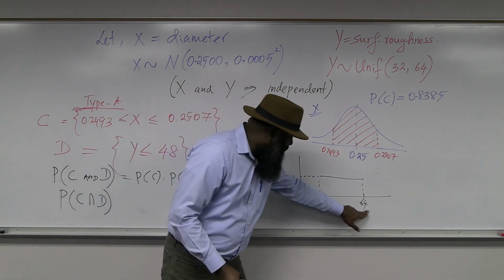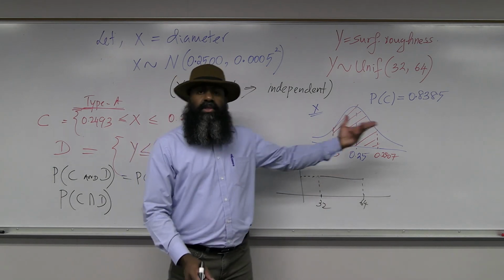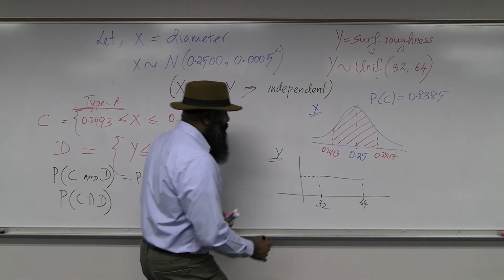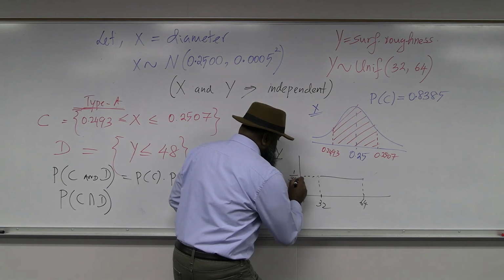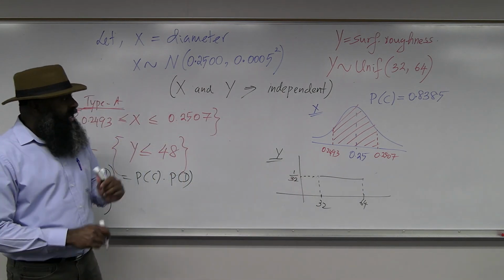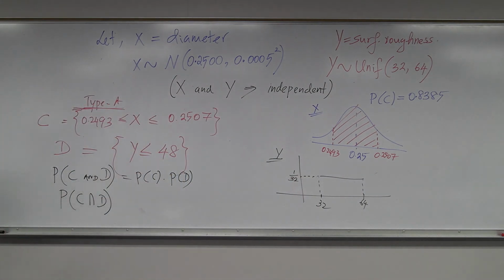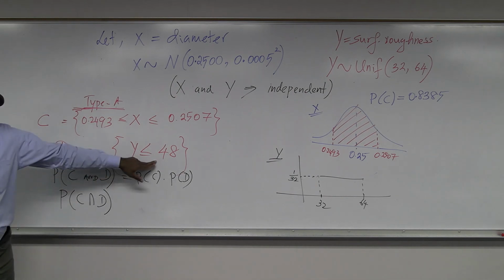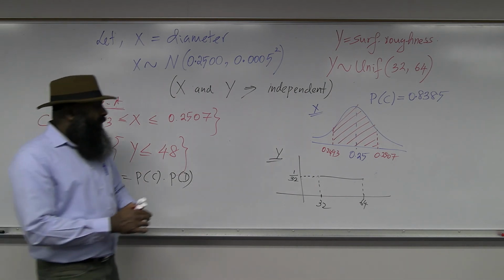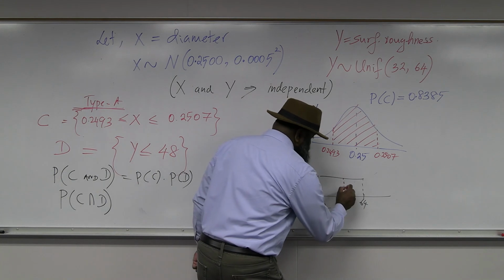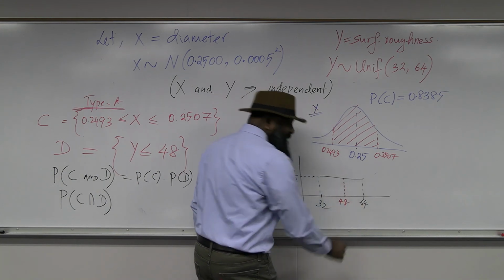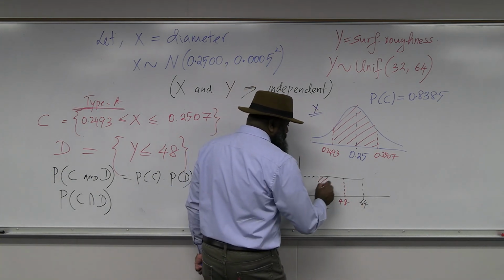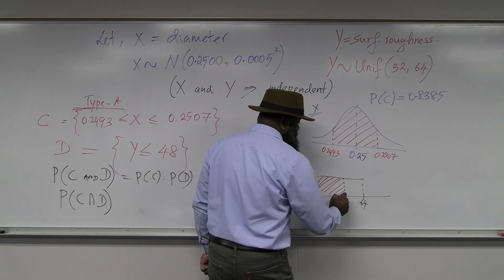So this length is 64 minus 32, which is also 32. So the vertical height should be 1 over that, 1 over 32. What I need for probability of D is that y is lesser than 48. So 48 will be somewhere here. Lesser than that, which means area to the left from that point.